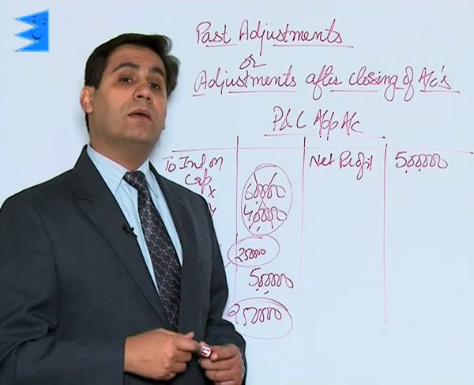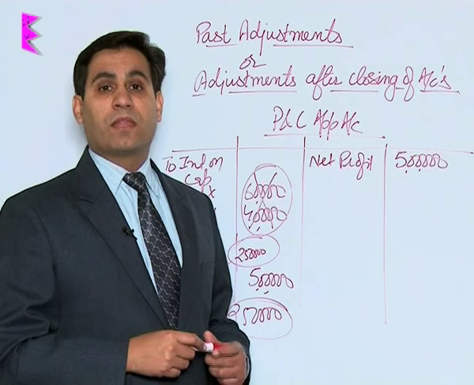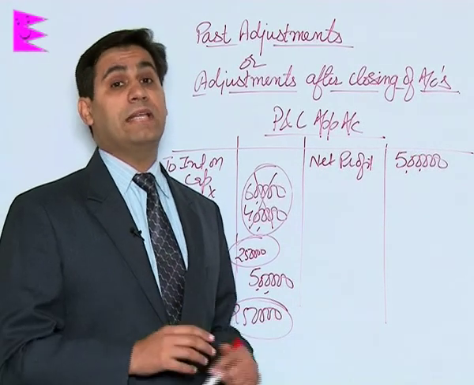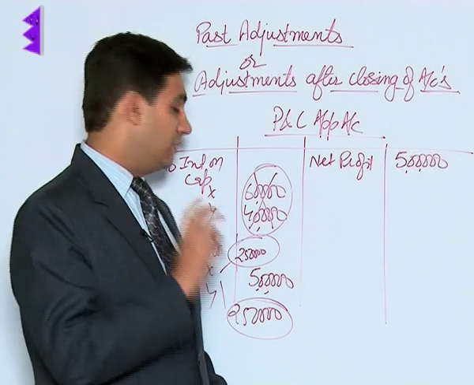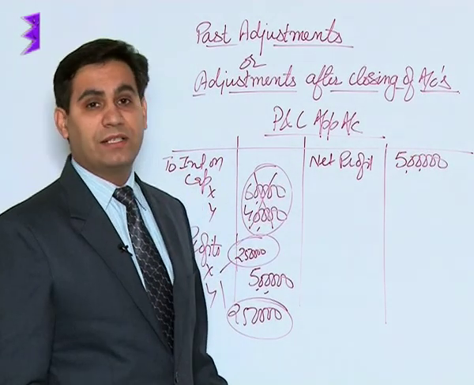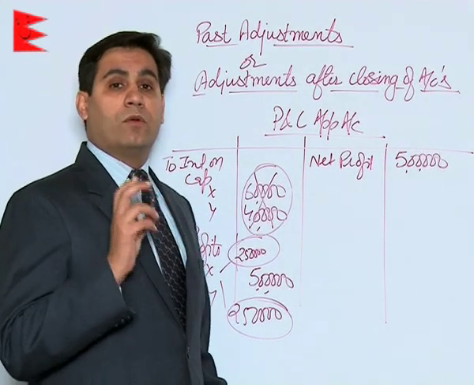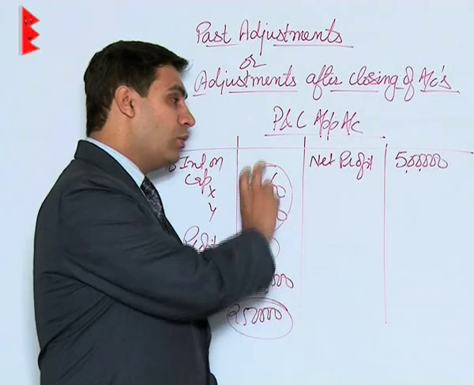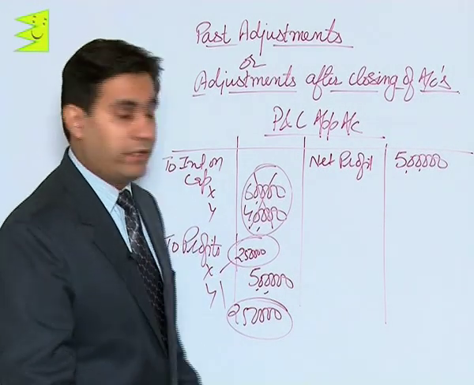The other step that you can take is that since there is no error in the calculation of profits, the profits are correct. The only error is in the distribution. One partner has got more and the other one has got less than his entitlement. So what we can do is adjust only among the partners, that is through passing an adjustment entry.